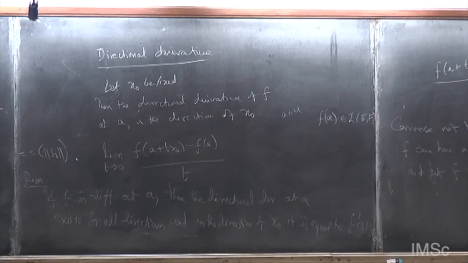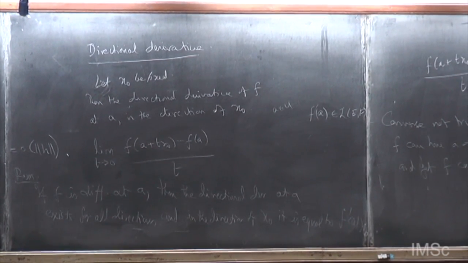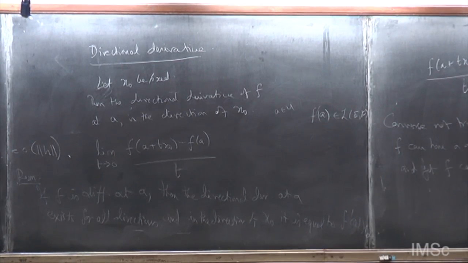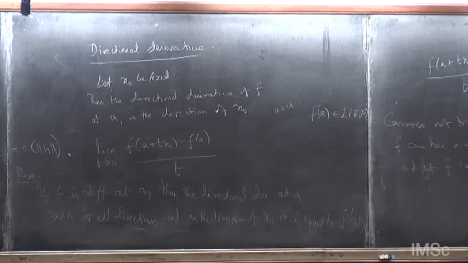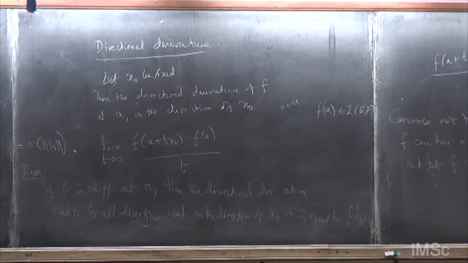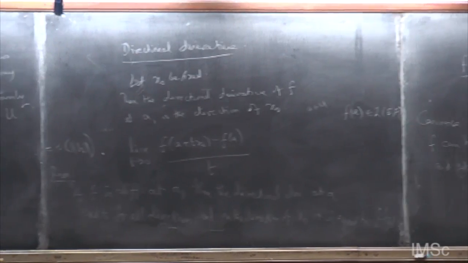It is a continuous linear transformation from E to F. Okay. That is how it is defined. So, f'(a) is always in L(E,F), that is where it lives. That's okay. Now, we have to do some examples.